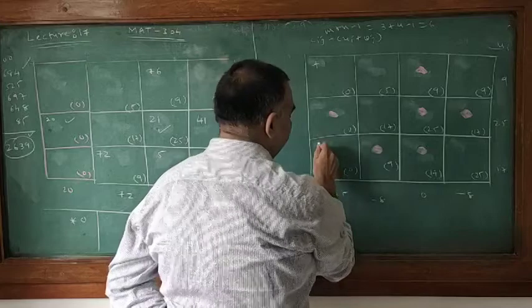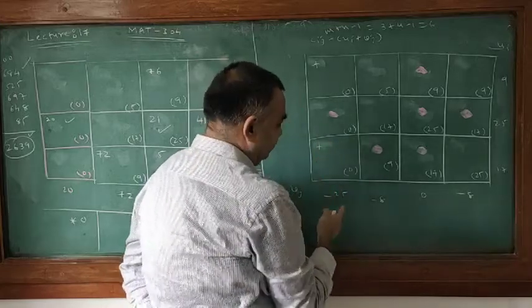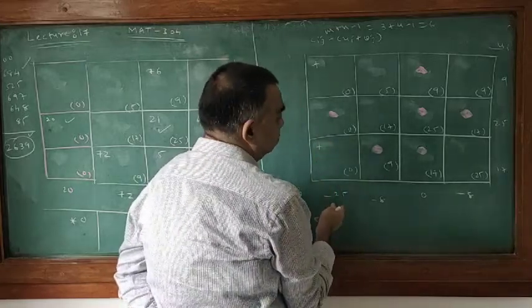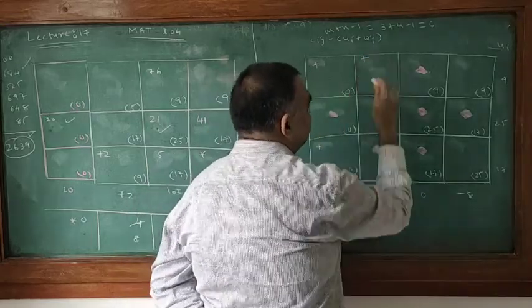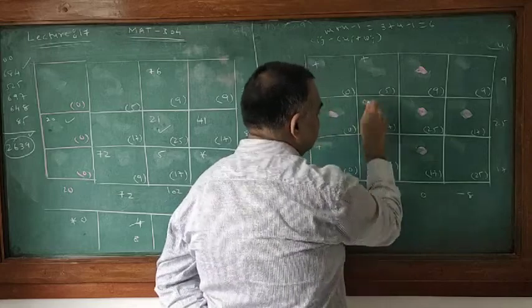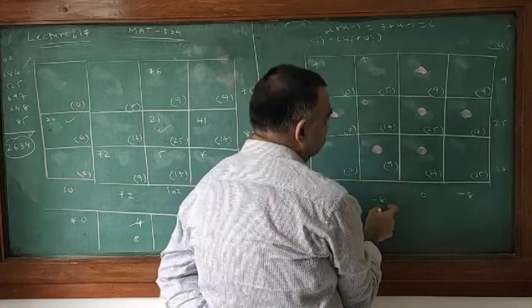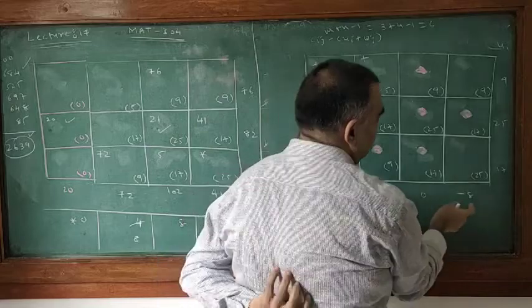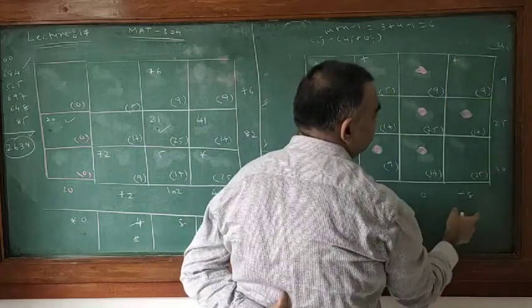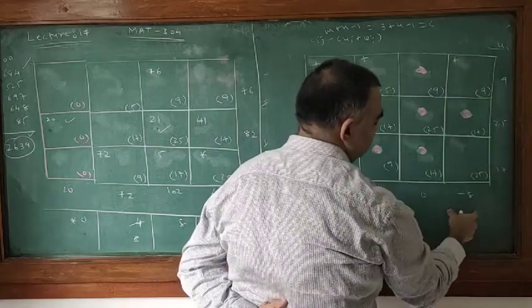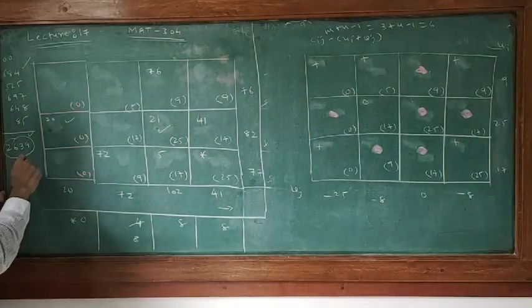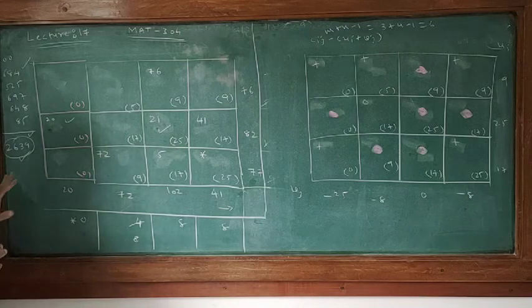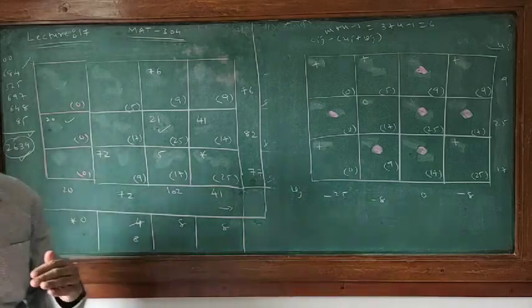So it is positive, positive, positive, it is 0. It is positive. It is positive. So this is the optimal solution. There is no solution other than this solution. It satisfies all supply and demand.